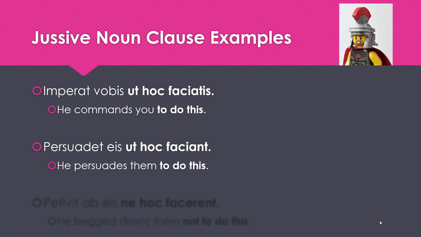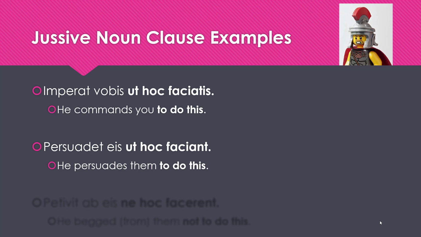Moving on to persuadet eis ut hoc faciant. So, again, he persuades them. Eis, just like we saw, persuadeo is going to take the dative, to do this. And again, we don't translate the ut. We use an infinitive: to do this. You may be tempted to say something like, he persuades them so that they may do this or they might do this, right?